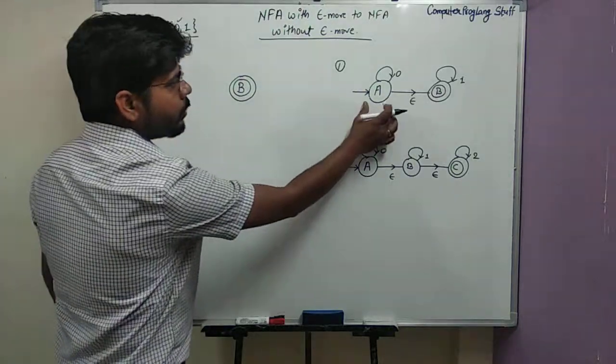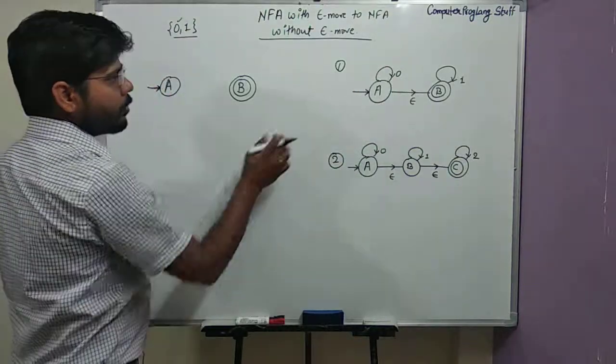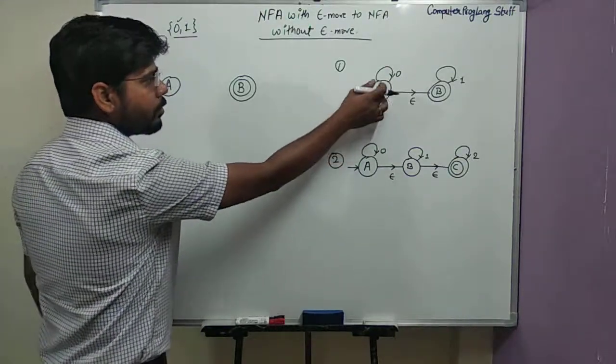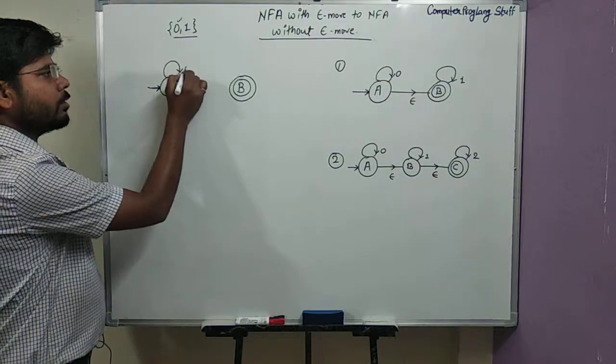From state A, making a 0 transition, there is a self loop of 0 on A, so we made this 0.